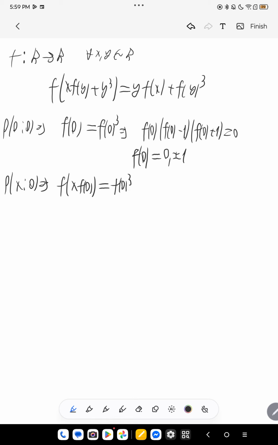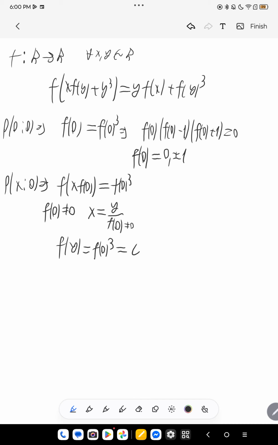So let's assume that f(0) is not equal to 0. Then let x equal to some y divided by f(0). This is possible because f(0) is not 0. So we get f(y) equals f(0) cubed, which is just a constant c.